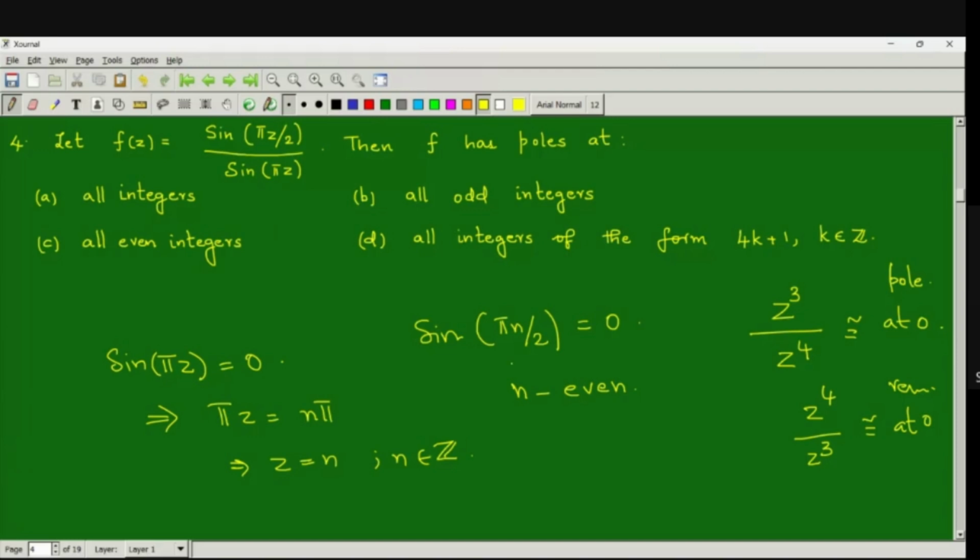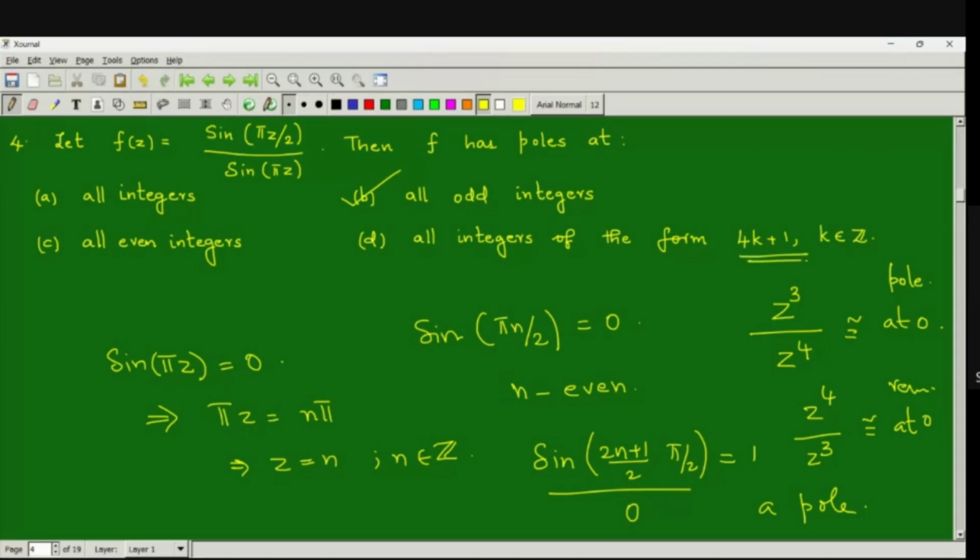So whenever n is odd, the numerator is going to be non-zero, and the denominator is going to be 0. At that point, we know that it is going to be a pole. So all odd integers will give me a pole.